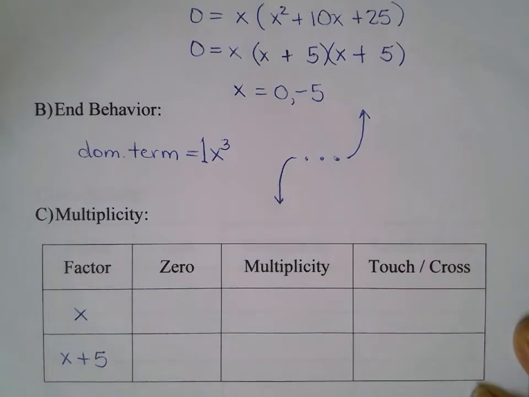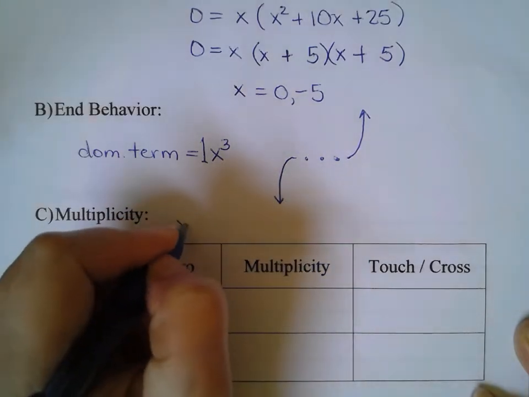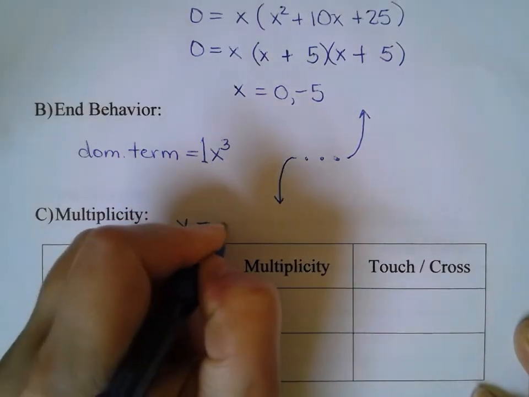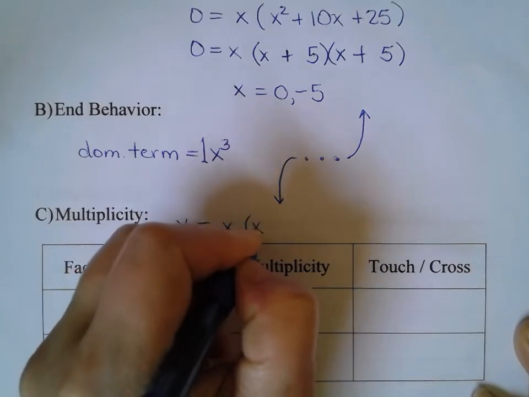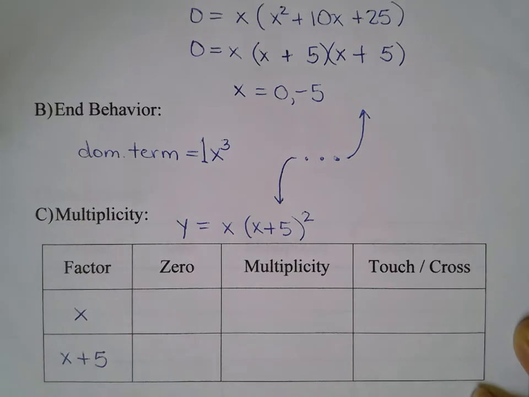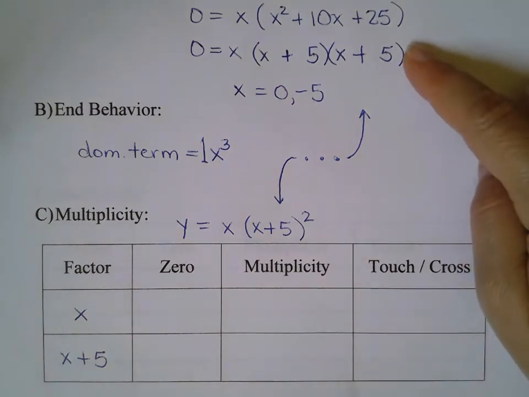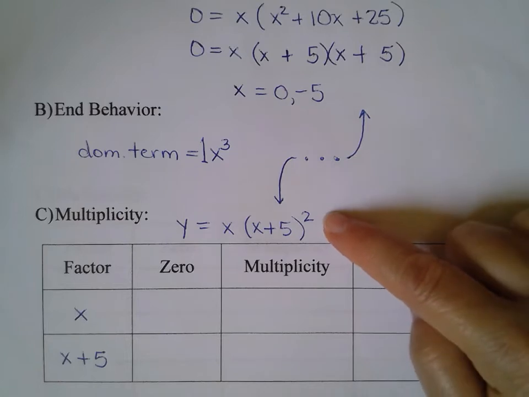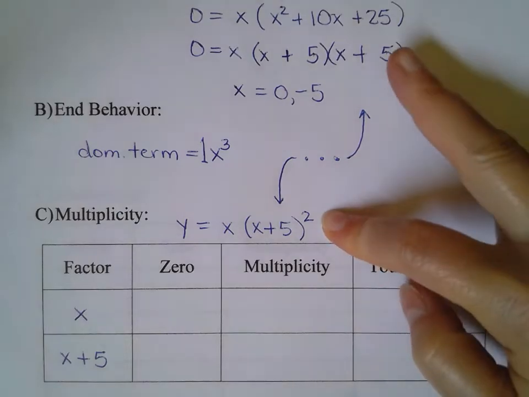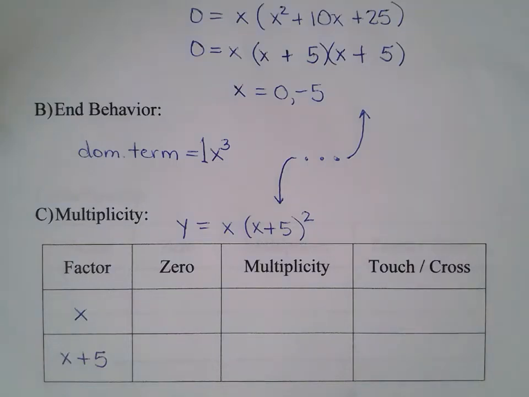Okay, and so if I wanted to write this in a condensed way, I could write this as x times x plus 5 squared. Okay, and you may come across it in both ways, either written twice as a factor or written as a square. These mean the same thing, okay, but it's two different ways to write it.